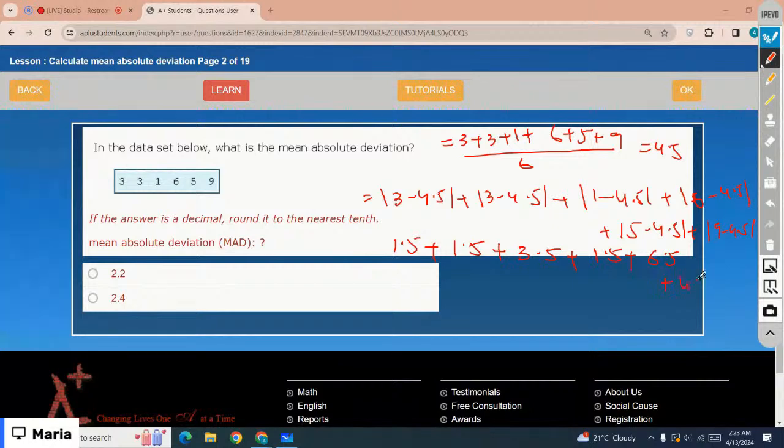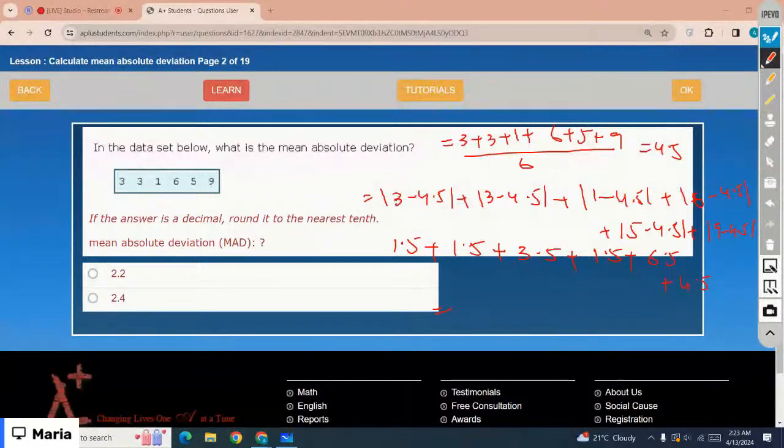Let me just add them and divide by 6, right? 1.5 plus 1.5 plus 3.5 plus 1.5 plus 0.5 plus 4.5, that is 13, and 13 divided by 6 is 2.2.